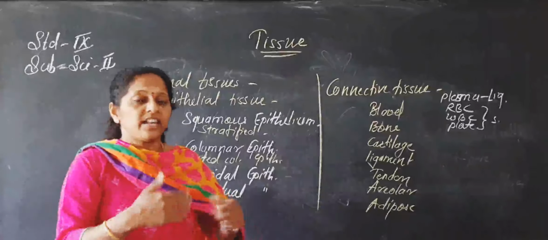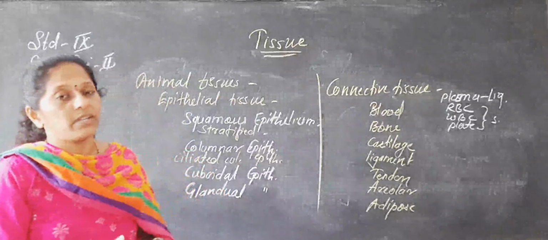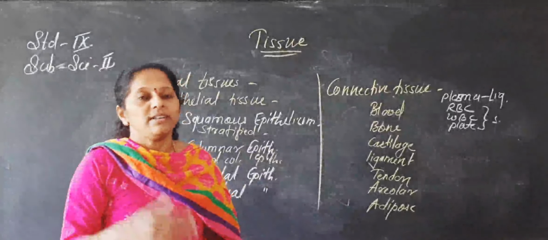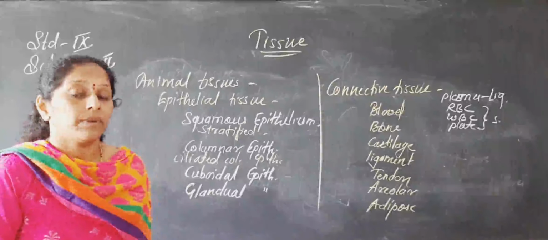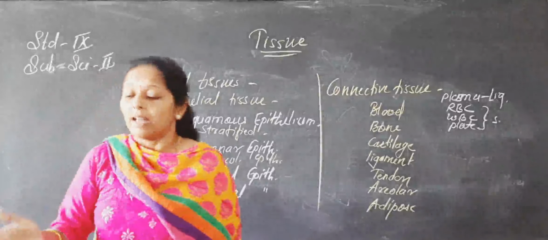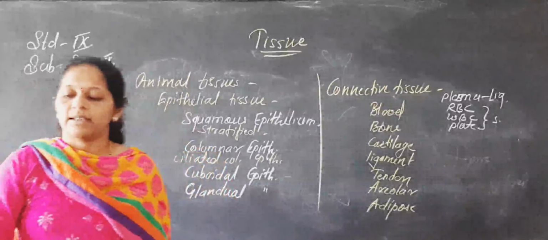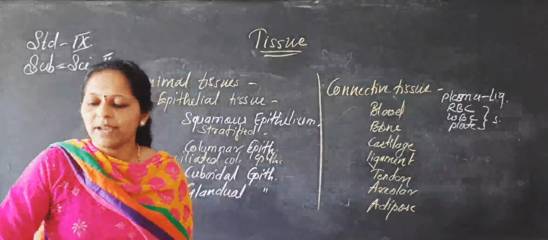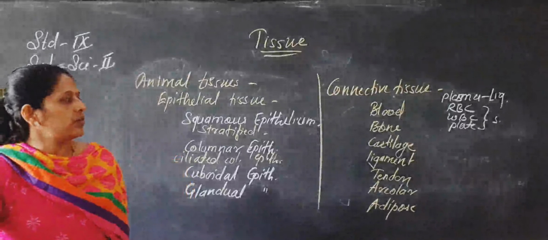So there is a transportation of gases. Food, which is prepared in the mitochondria, is taken to the different parts of our body. So there is transportation of food, gas exchange, hormones, and also the waste materials formed in our body. So this is a connective tissue, that is blood.